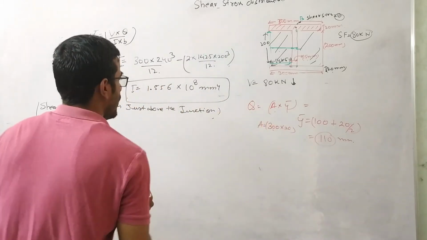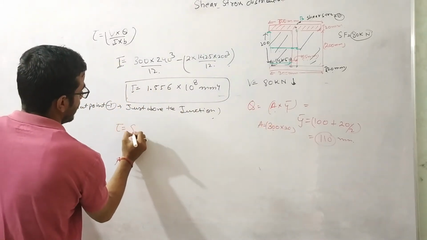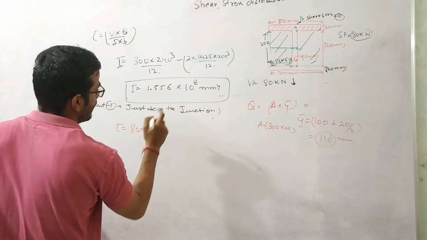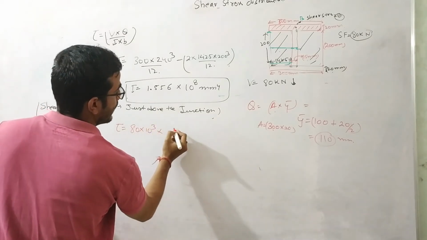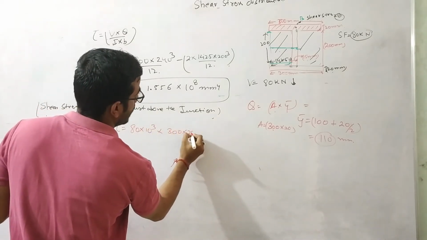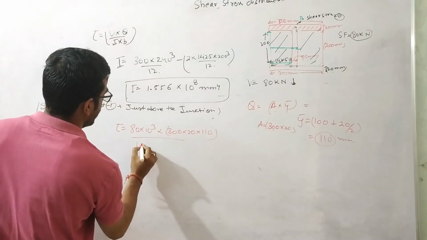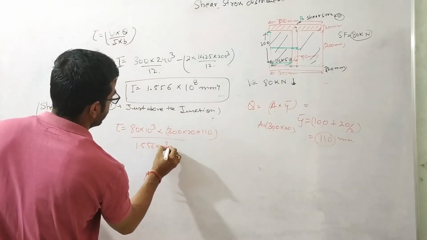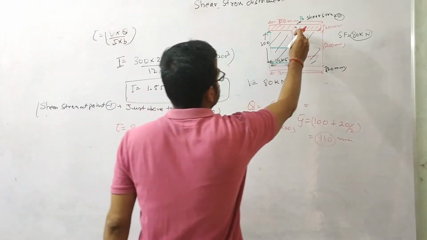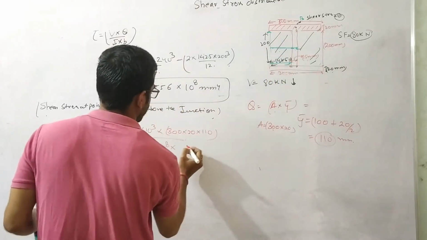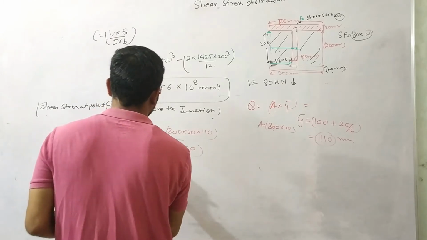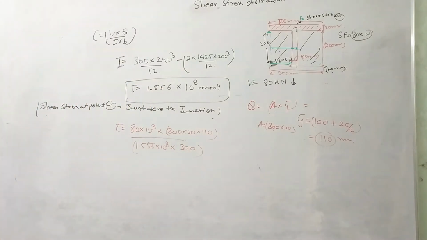So tau will be 80 kilonewton, converted into Newton, times area 300 into 20, times Y bar 110, over I, which is 1.556 into 10 to the power 8, and B just above the junction is 300.